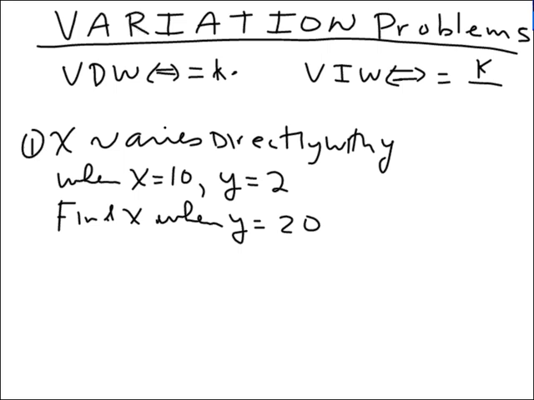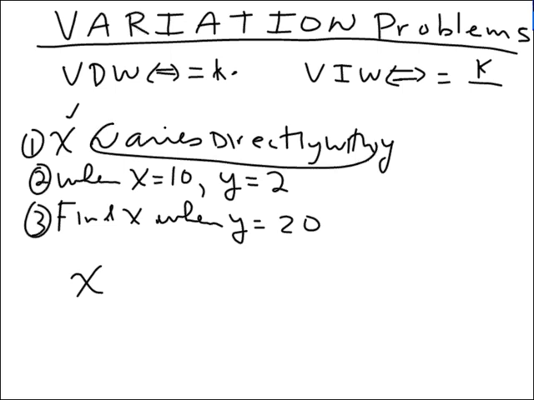So generally, you'll be given three pieces of information like that. The first one, x varies directly with y. X means x, varies directly with means equals k times, and of course y means y.